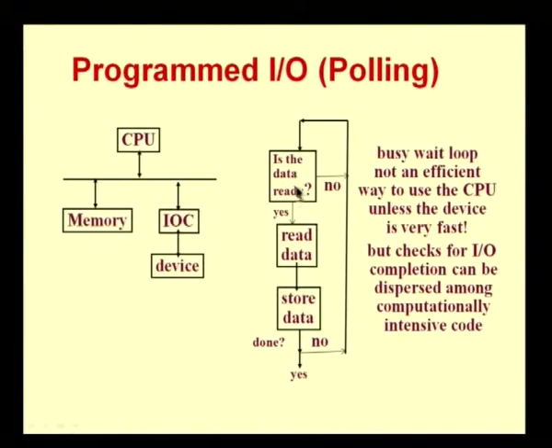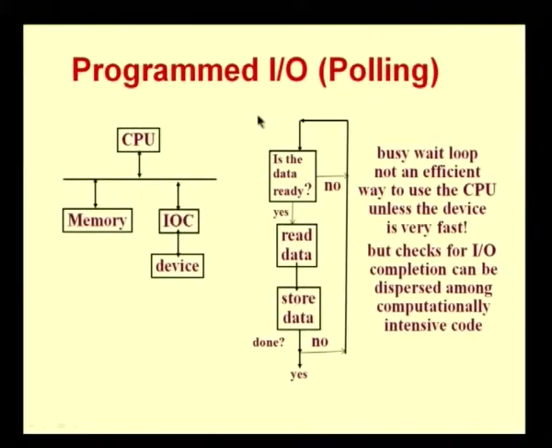If the data is ready, then you read the data or store data, whatever you need to do, and once you are done, you complete. Otherwise, you go back and check whether the data is ready, and so on. This kind of checking again and again in a busy wait loop is absolutely wasteful of processor time.